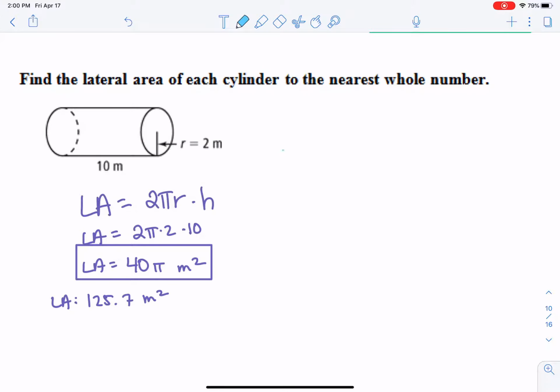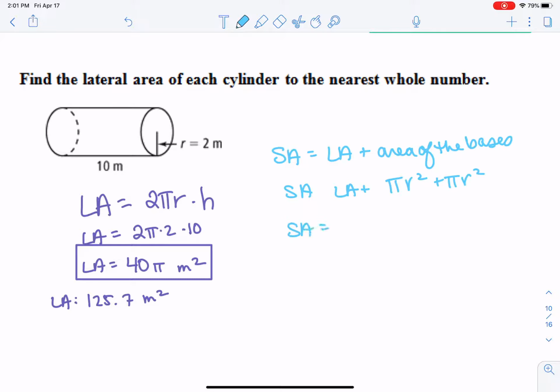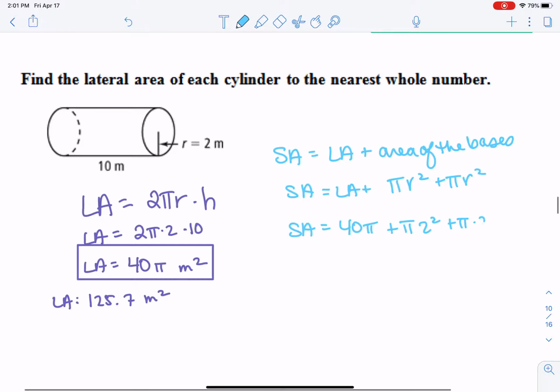This one's pretty. The surface area is just the lateral area plus the area of the bases, which again is pi r squared plus pi r squared, because there are 2. So the surface area is equal to that 40 pi from the lateral plus pi times 2 squared plus pi times 2 squared. 2 squared is 4.